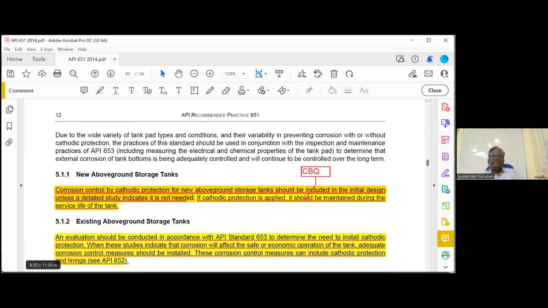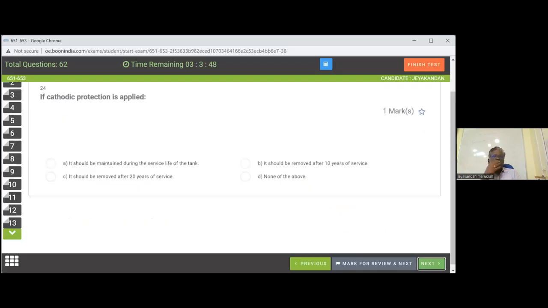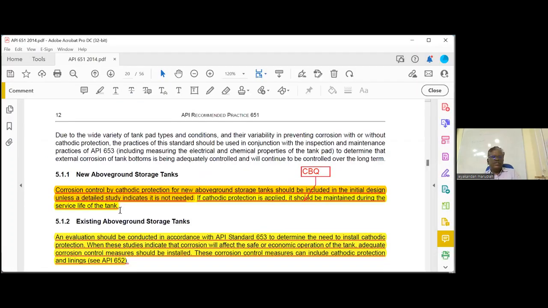Leave it, no problem. Next, if cathodic protection is applied, it should be maintained during the service life of the tank. Once applied, it should not be removed after 10 years or 20 years. It should be maintained. Next line. If cathodic protection is applied, it should be maintained during the service life of the tank.